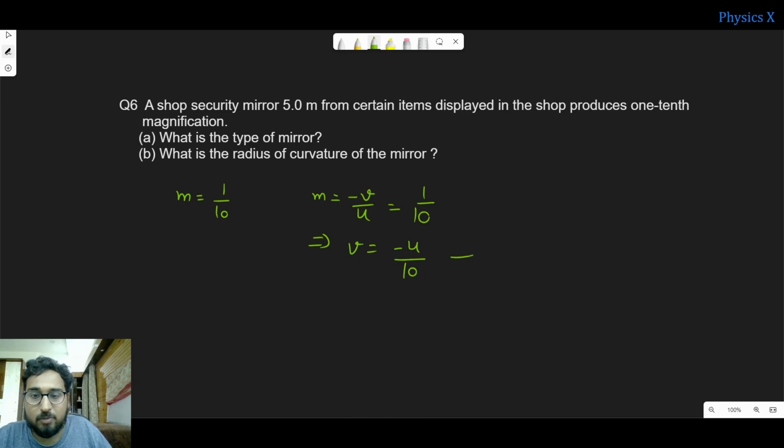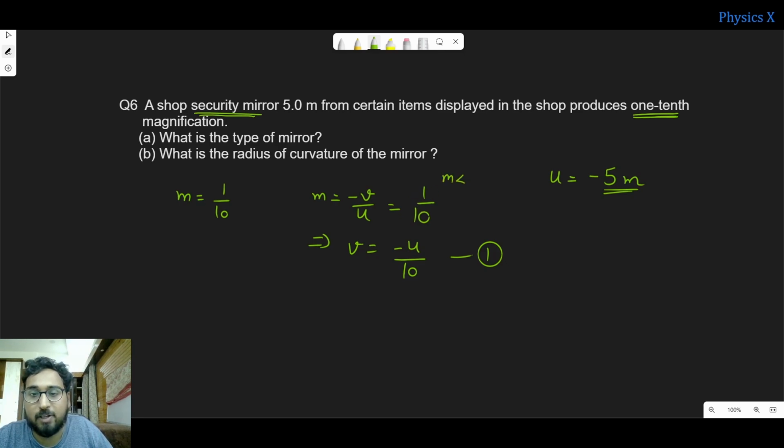And what is u? u is given as 5 meter. So always take u as minus 5 meter, with a negative sign. If this is a security mirror, this type of mirror will be a convex mirror, and a diminished image is formed. 1/10 means this is a diminished image.